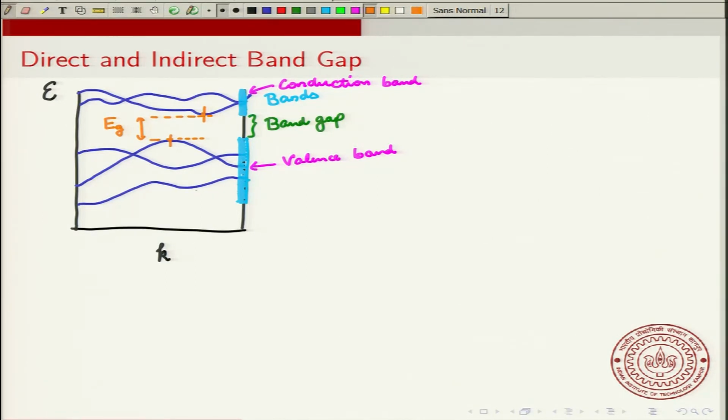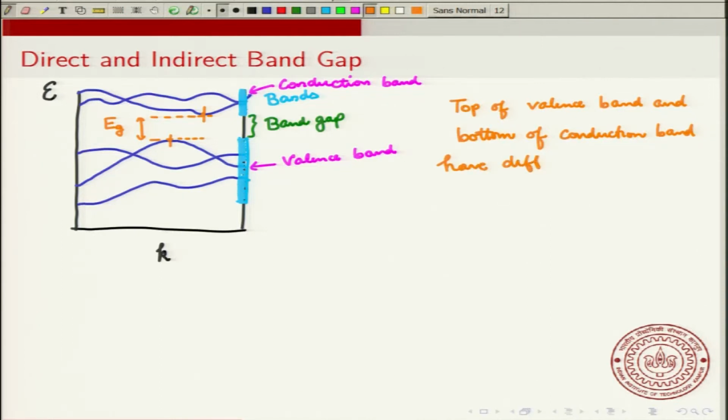So, this case, when the top of the valence band and the bottom of the conduction band have different k, different wave vectors, is referred to as an indirect band gap.